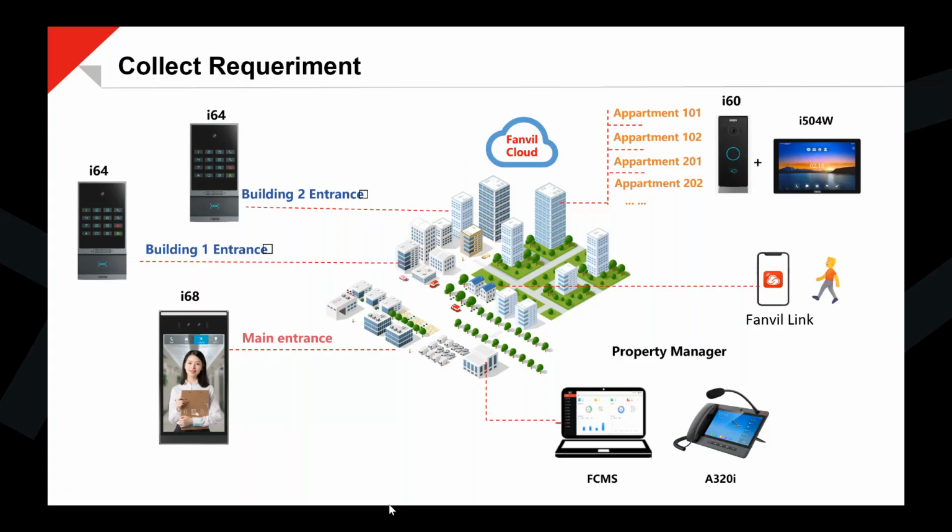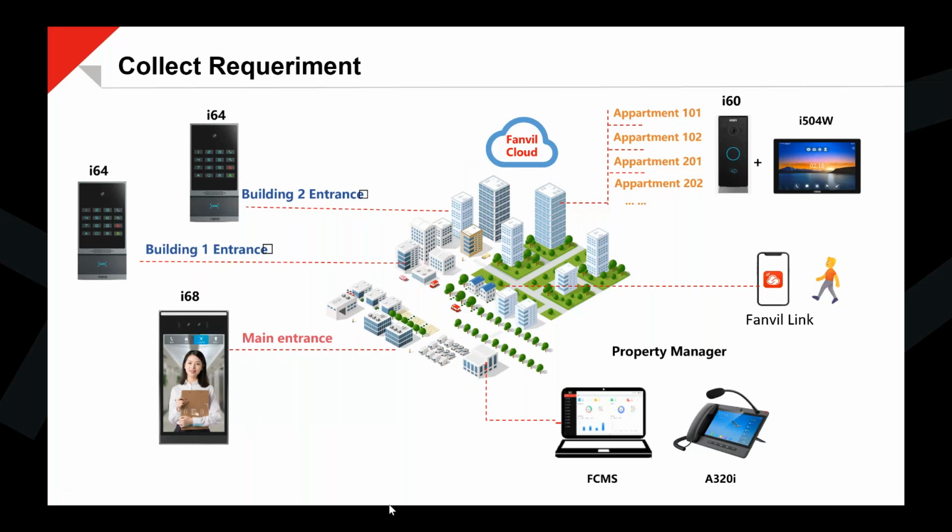So this is an example. You can see the apartments. This is a community scenario, and this is how we usually connect. We have a property manager who has an account dedicated just for property management, so he can view logs and assign passwords.